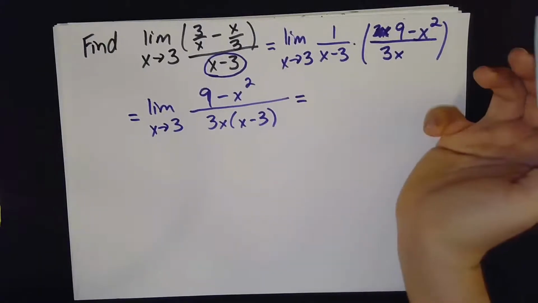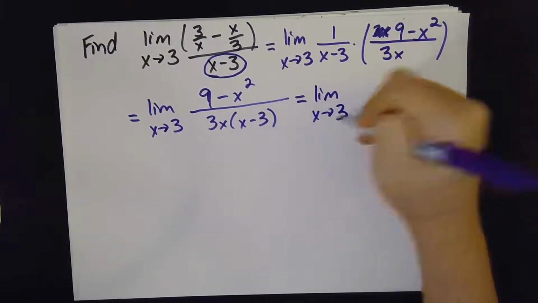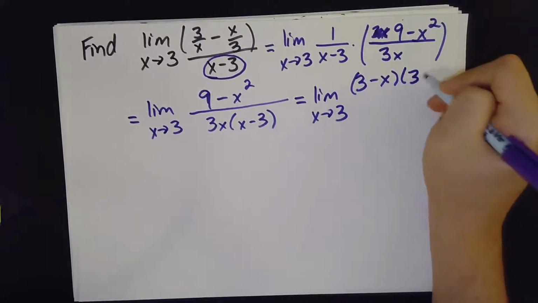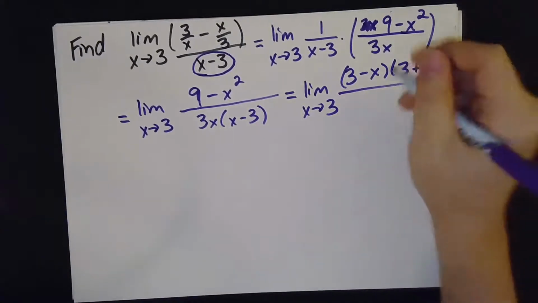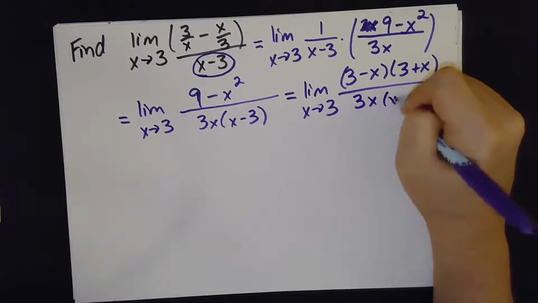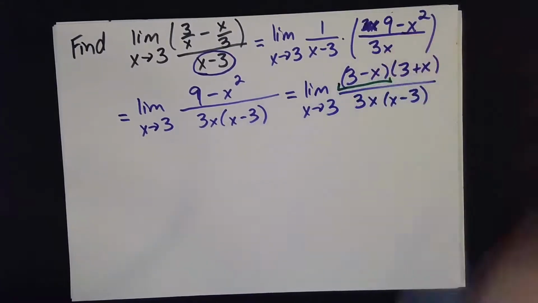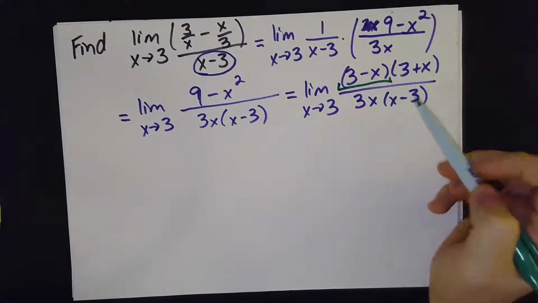Now we have to factor the numerator, which will factor as 3 minus x times 3 plus x, divided by 3x times x minus 3. And the trick here, if you can call it that, is that I need to factor a minus 1 out of this term, because if I do, it will make it match this term.